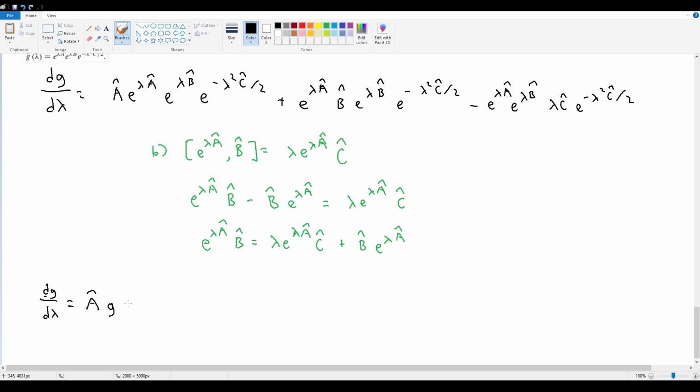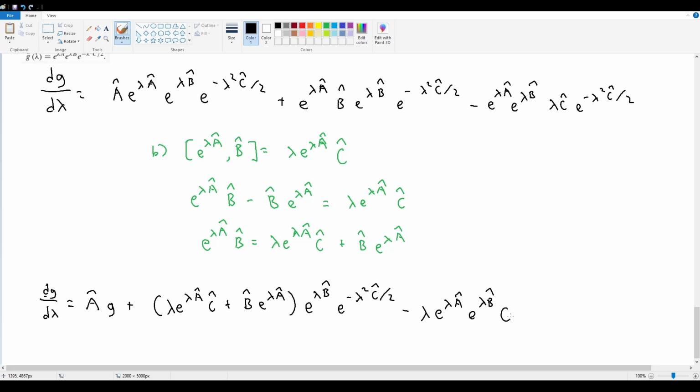This is a hat g plus lambda e to the lambda a hat c hat plus b hat e to the lambda a hat, and then e to the lambda b hat, e to the negative lambda squared c hat, not c squared, c hat over 2, minus, and I'm going to move the lambda to the front, so minus lambda e to the lambda a hat, e to the lambda b hat, c hat, e to the negative lambda squared c hat over 2.